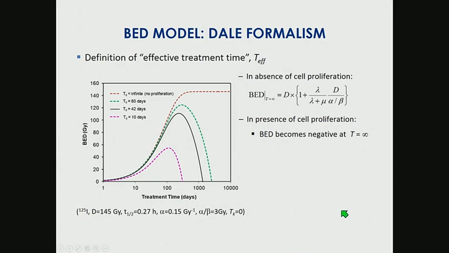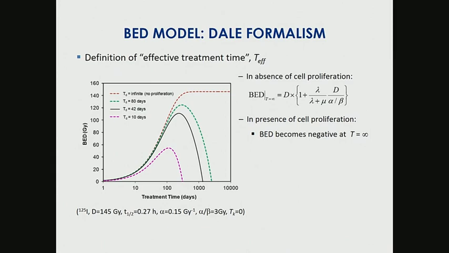So in the absence of cell proliferation, you can take the time limit to infinity as we're doing the permanent implant, and you arrive at a mathematically well-behaved quantity. When cell proliferation is present, because the proliferation rate is uniform and the dose rate decreases exponentially over time, as time goes on there is a certain point where the rate of cell kill caused by the instantaneous dose rate is going to start equaling the proliferation rate or eventually become lower than that.